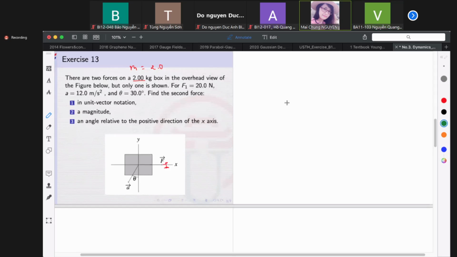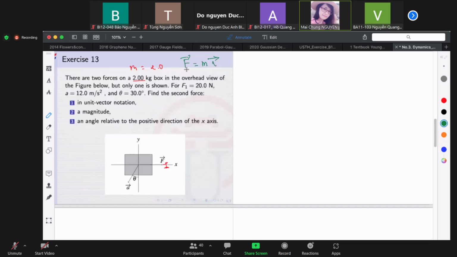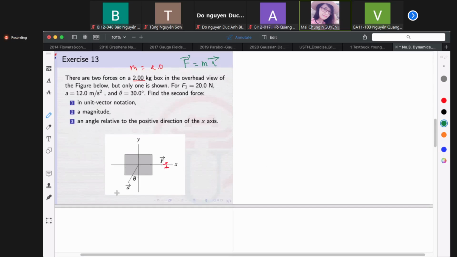In short, the second Newton law states that F total is equal to m multiplied by the acceleration, right? So let's see the relationship here. F net must follow the direction of the acceleration. Is that true? So in this case, F net or F total has the same direction as the acceleration.